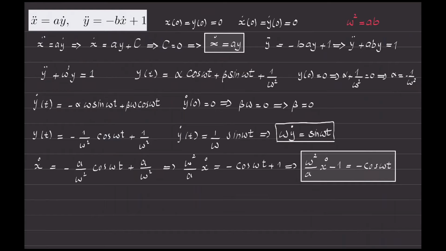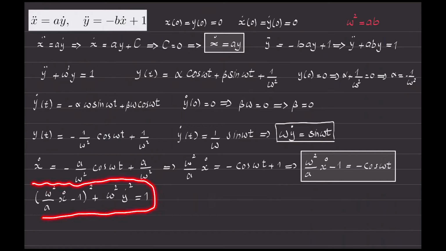Because sine squared plus cosine squared is 1, I will get this relation: omega squared over a x dot minus 1, squared, plus omega squared y dot squared is equal to 1. And if you're a little bit familiar with the equation of the ellipse, you can see this will be an ellipse because the coefficients are not the same in the x dot y dot plane.